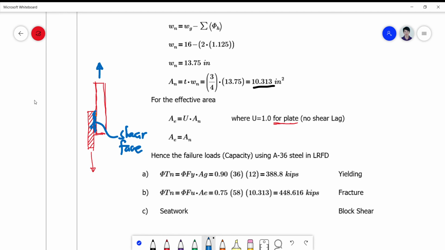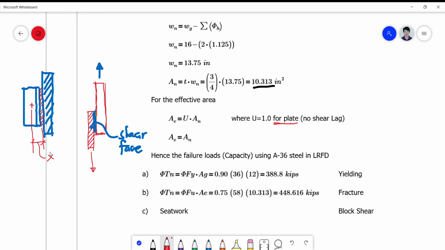For example, if I have an angle bar connected to a connector here by bolts, and the angle bar has a centroid somewhere here, which is now far from this interface or the shear face, so there's a considerable value of this distance x.